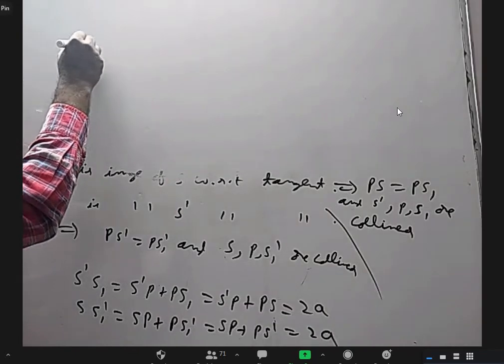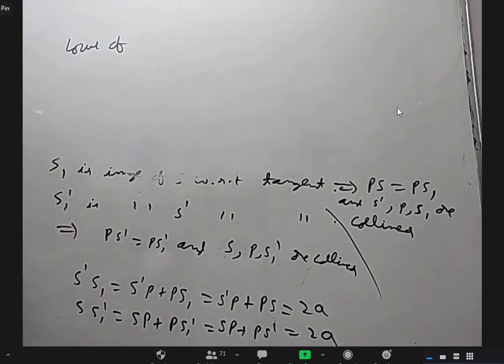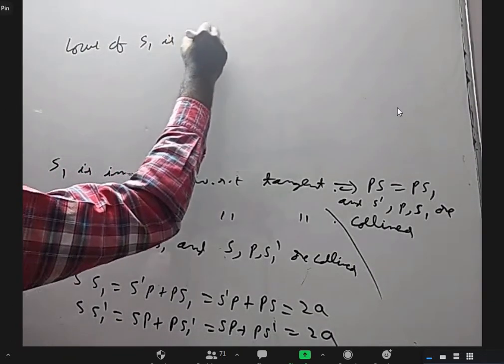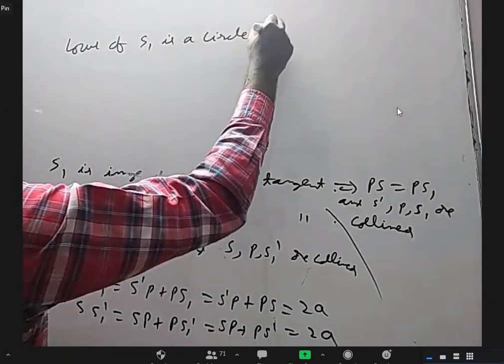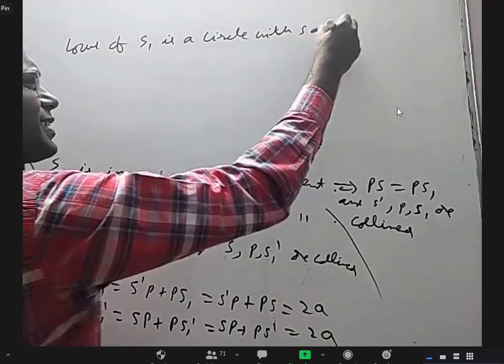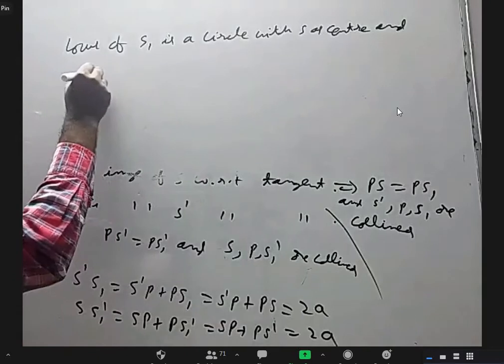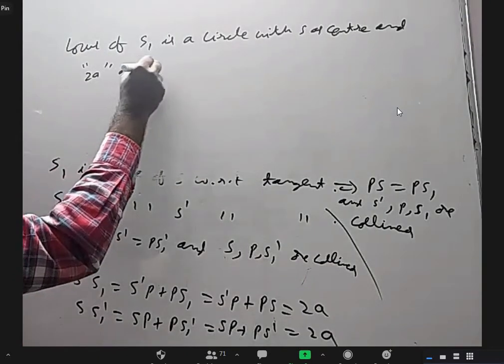Okay, so based on these two, the locus of S1 is a circle with S as center and 2A as radius.